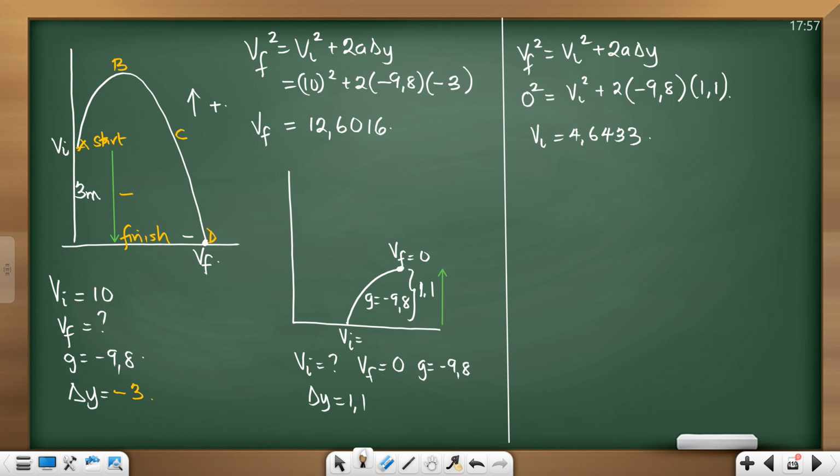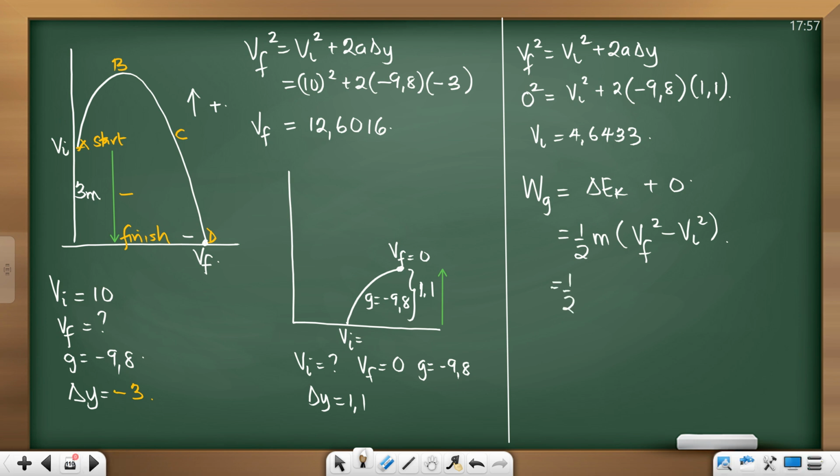Now, if we go back to where we started from, where did we start from? The work done by the ground, which is applied, is change in kinetic energy plus 0. There's no height increase. 1 over 2 m Vf squared minus, sweet, the mass. We were given the mass, right?